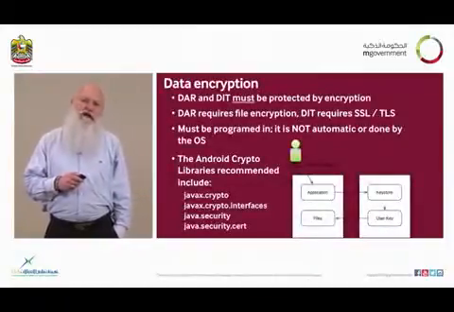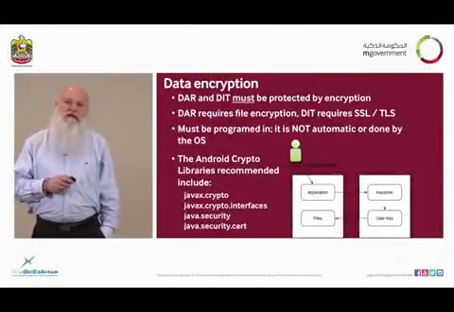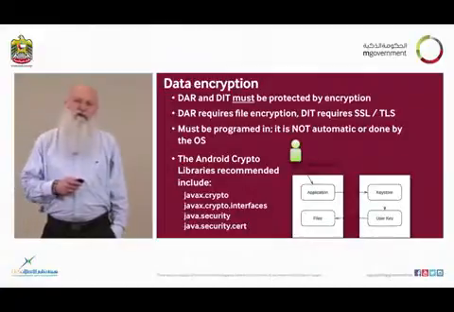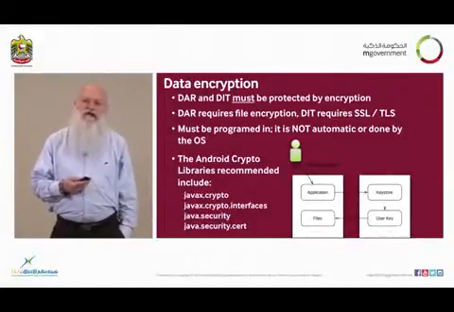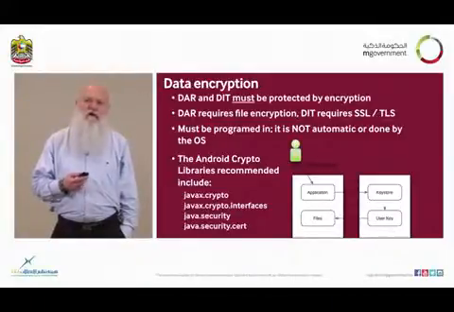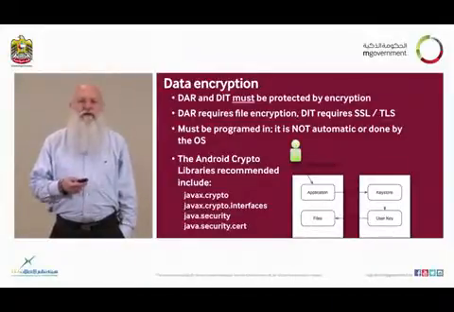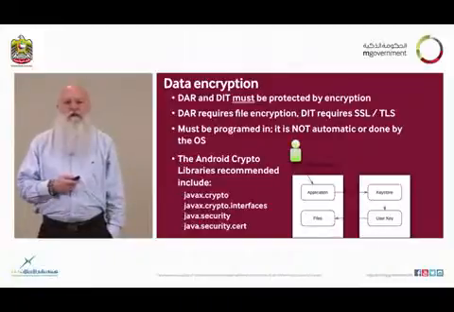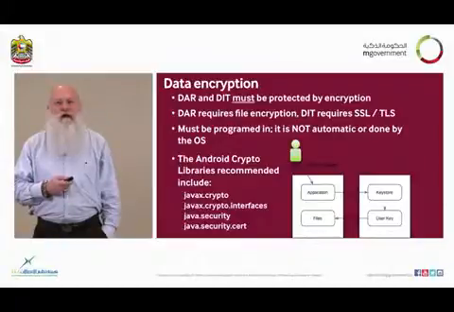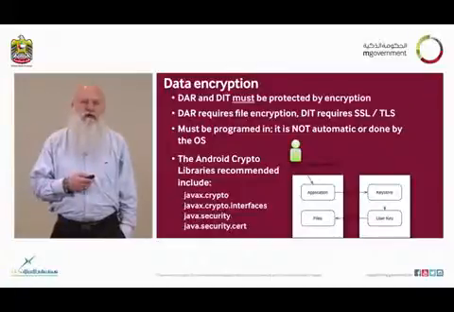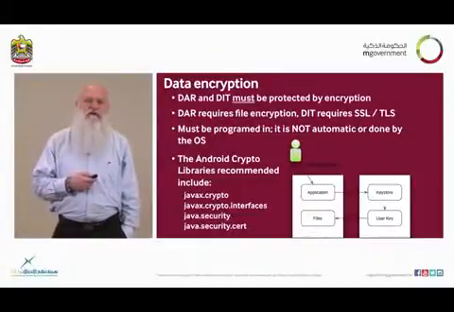Data at rest and data in transit must be protected through encryption. Assume the device will be lost or stolen, and the attacker will have access to the device's memory or removable memory. Data at rest requires file encryption. Data in transit requires securing and encrypting through SSL or TLS, discussed in a later module. This must be programmed in by the application programmer.